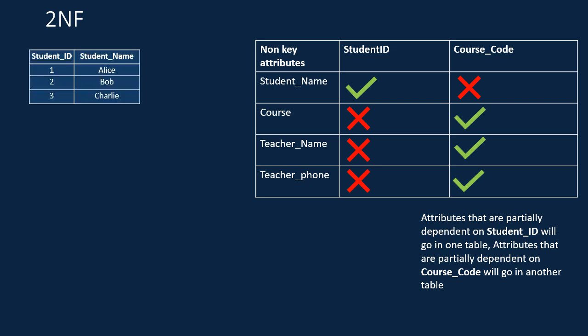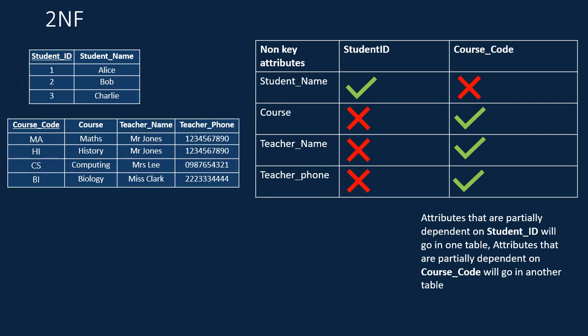So this is what our student table looks like. So student name, student ID, those attributes go into one table. Remember, student name is dependent on student ID only. Then we have the next table. So this is our other table now where we've got the course code, where course, teacher name, teacher phone were dependent on that attribute that made up the primary key.